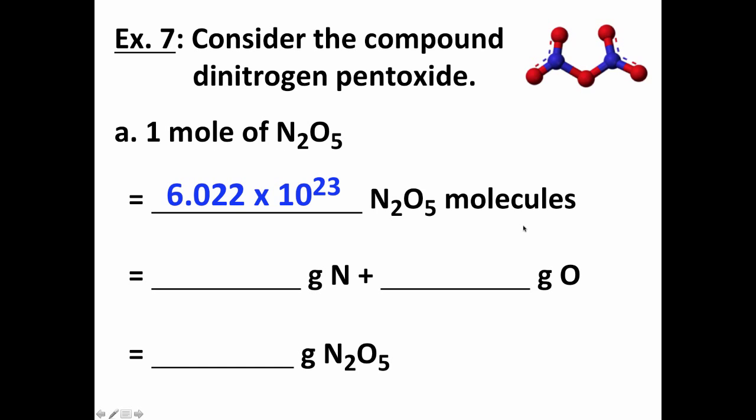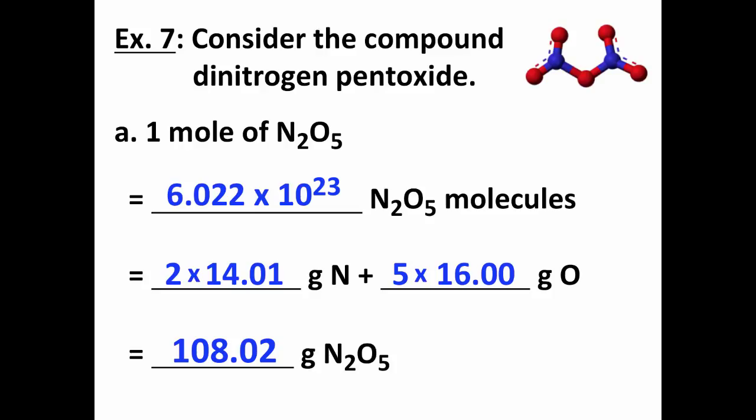And then of course we also know that 1 mole of N₂O5 contains 2 moles of nitrogen, which is 2 times 14.01 grams, and it also contains 5 moles of oxygen, which is 5 times 16.00 grams, and that adds up to be 108.02 grams of N₂O5 in 1 mole.